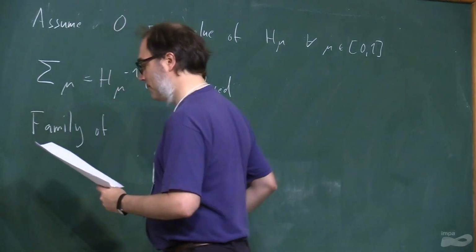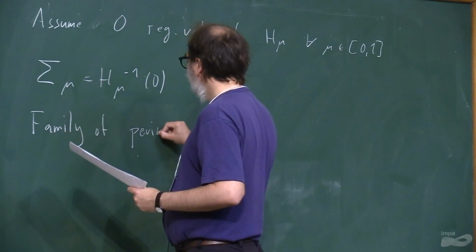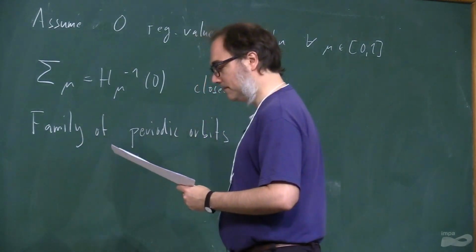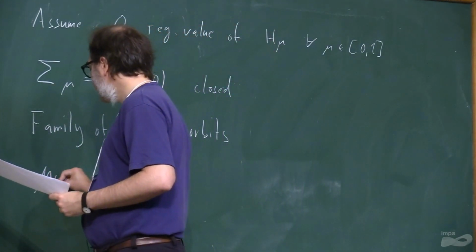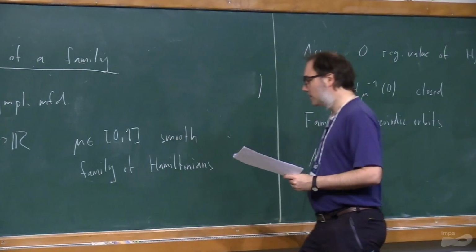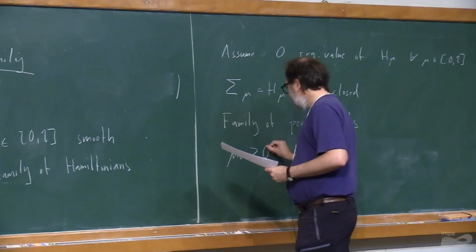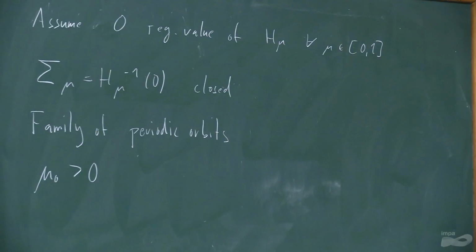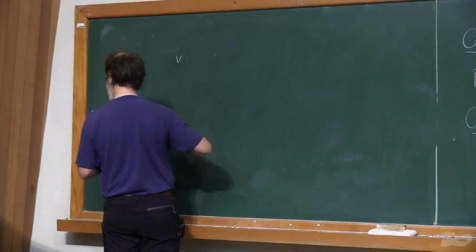So the family exists up to some parameter mu 0, so we have some mu 0 bigger than 0. And we have some v.